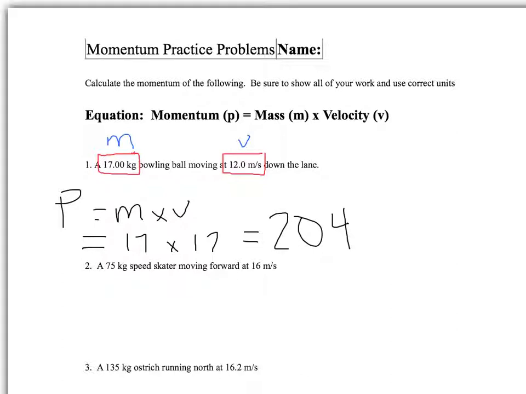And then your unit is kilogram meters per second. Now you're ready to try the rest on your own. Be sure to turn them into the tray when you're finished.